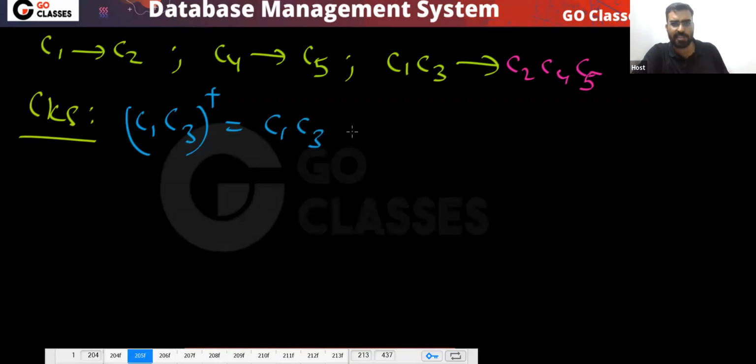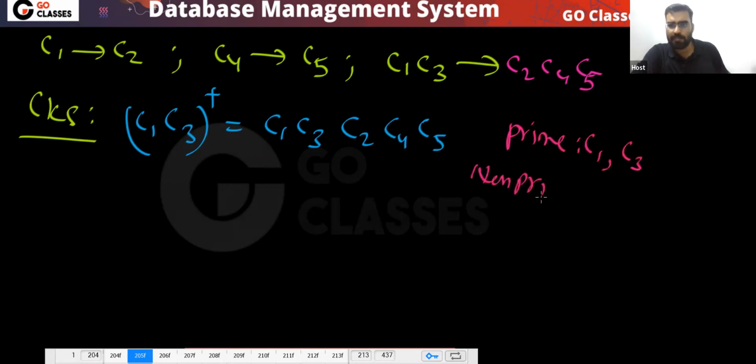C1 can determine C2. C1, C3 can determine C2, C4, C5. So this is the candidate key. The prime attributes are C1, C3. The non-prime attributes are C2, C4, C5.